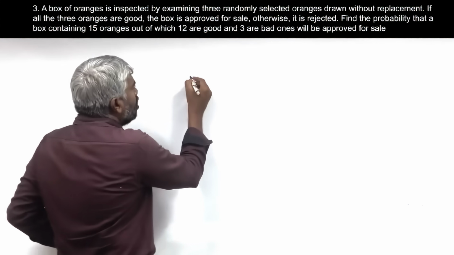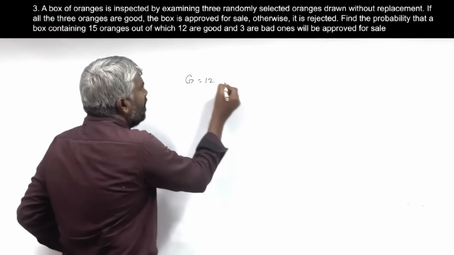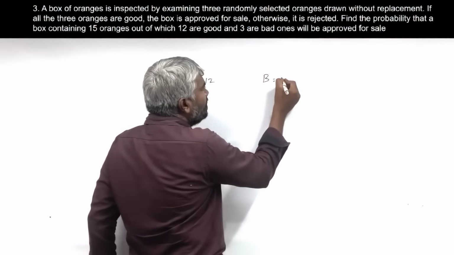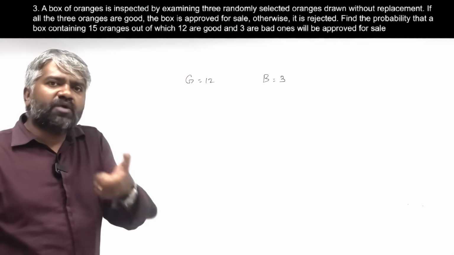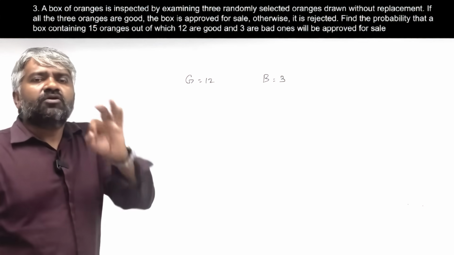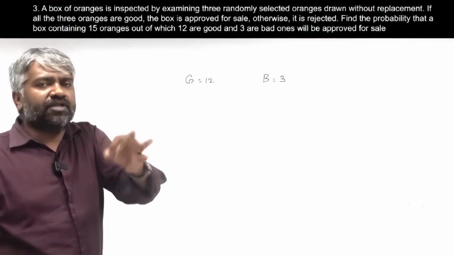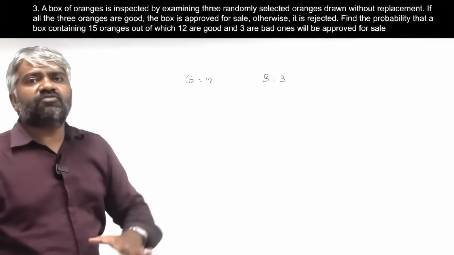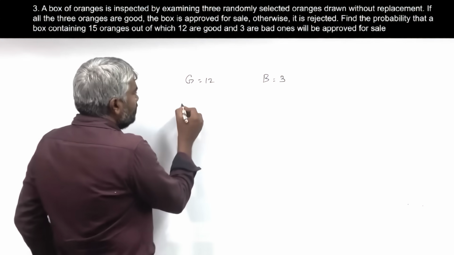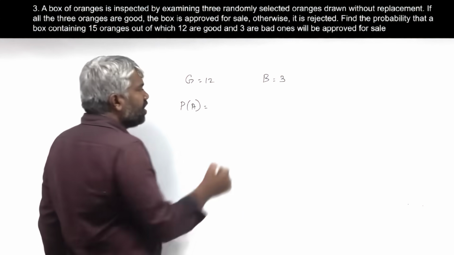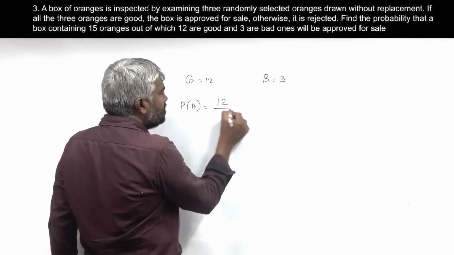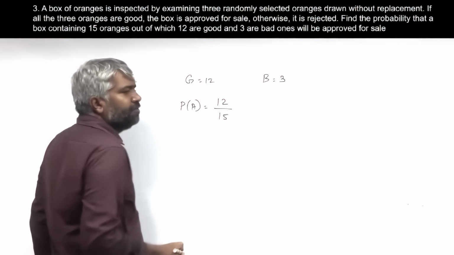So how many good oranges are there? 12. How many bad are there? 3. Now you are going to pick 3 oranges from it one by one. If all 3 are good, the box will be approved for the sale. First I take the first orange: 12 good ones are there out of 15.